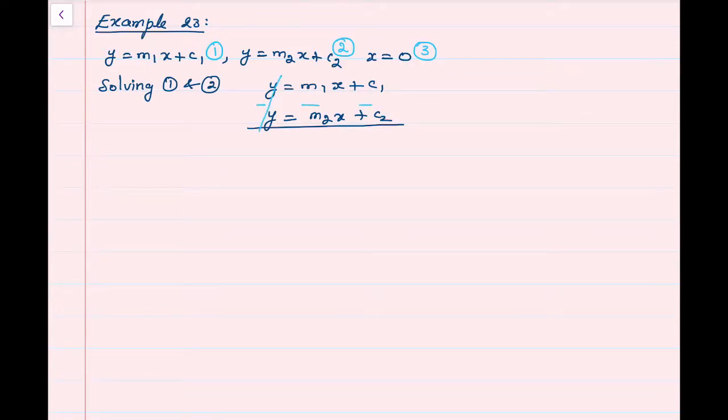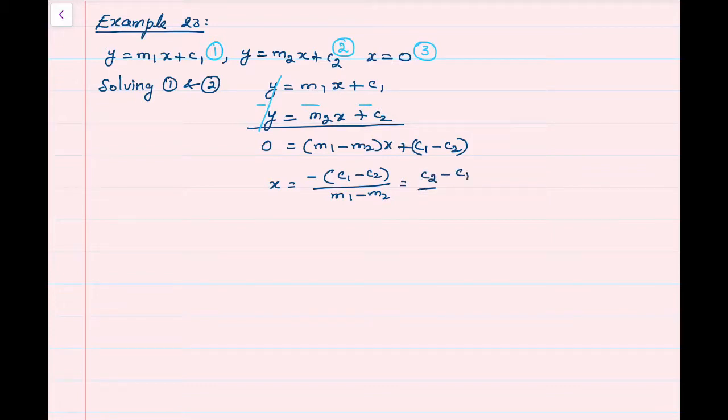These two are getting cancelled. 0 is equal to m1 minus m2 times x plus c1 minus c2. Therefore, the x coordinate is minus of c1 minus c2 divided by m1 minus m2, which is c2 minus c1 divided by m1 minus m2.